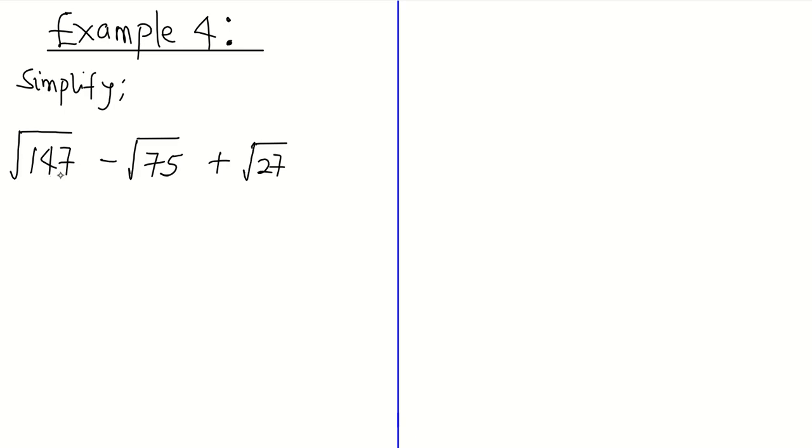Now it means we have to consider square root of 147. Now in reducing square root of 147, we have to consider the 147 itself. We have to find the factors of 147.